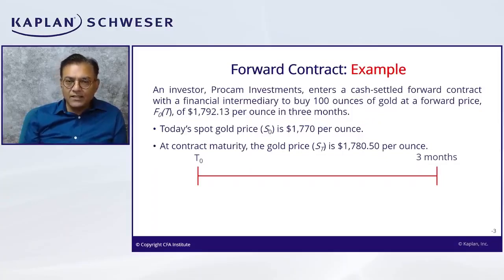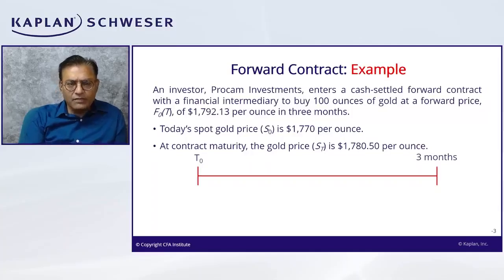Settlement means it is at some future date that the actual transaction occurs. So the price is agreed, but the transaction does not occur at the same time. If the price and transaction occur at the same time, then it is called a spot market transaction. But if it is deferred, then it is called a forward contract.